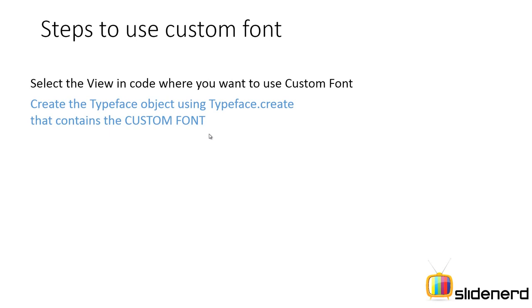Now remember, either the custom font is actually a font family that is existent on your device, or it is a custom font file inside your assets folder, or it is inside your SD card. You want to use this Typeface object to create or link to that custom font file that you have loaded in your device. And then set the view to use the Typeface object. Now we are going to actually see this in Android Studio in action about how to load a custom font.